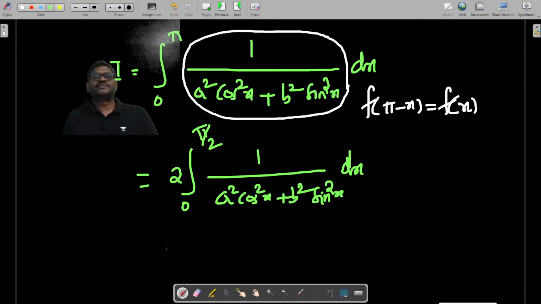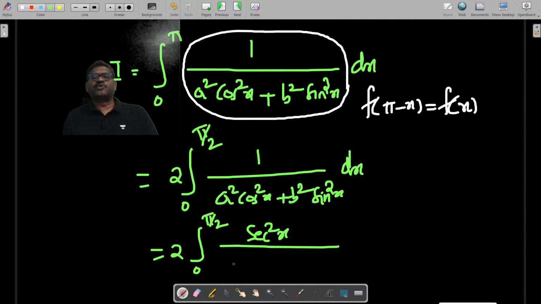You'll get 2 times integral 0 to pi by 2. 1 by cos square x is secant square x. A square cos square x by cos square x is a square. Sin square x by cos square x is tan square x dx.